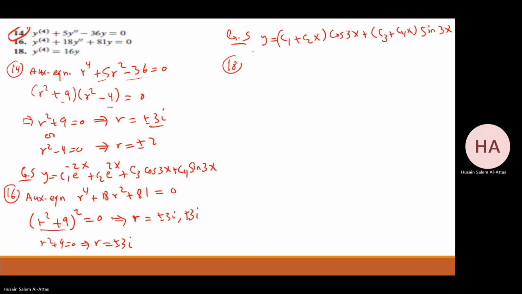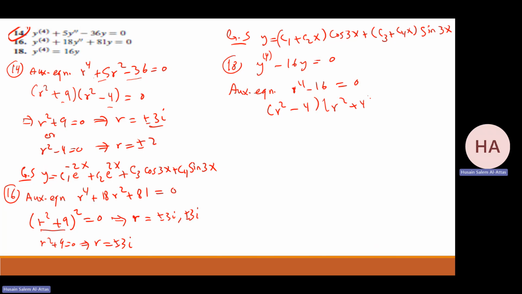18. Yeah, I need to rewrite it first. Minus 16y equals 0. This is the differential equation. The auxiliary equation: r to the power 4 minus 16 equals 0. Factor it. r squared minus 4 times r squared plus 4 equals 0. Difference of two squares, r to the power 4 minus 16.